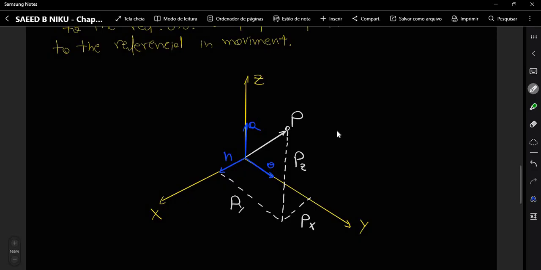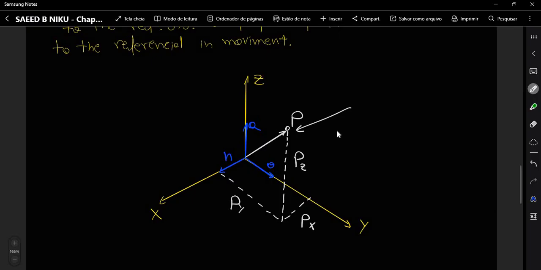As the referential, which is this point, which also can be a rigid body, turns around the axis X, this point P linked on it will also spin with it.